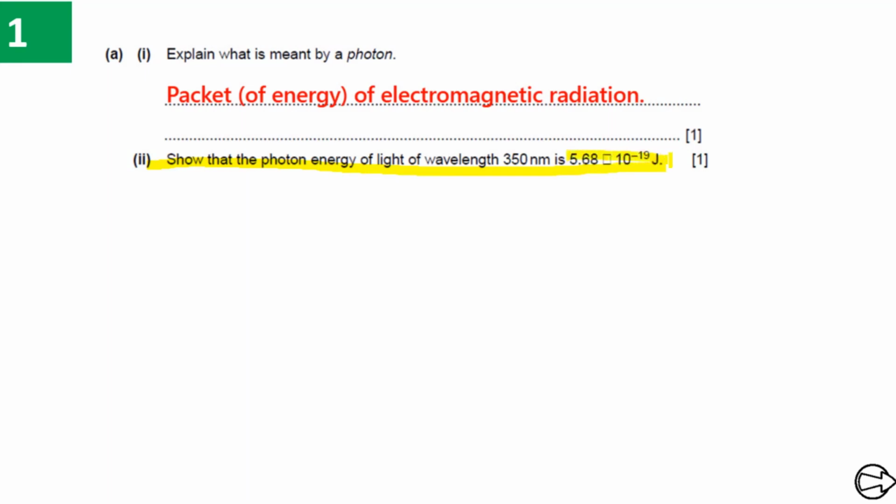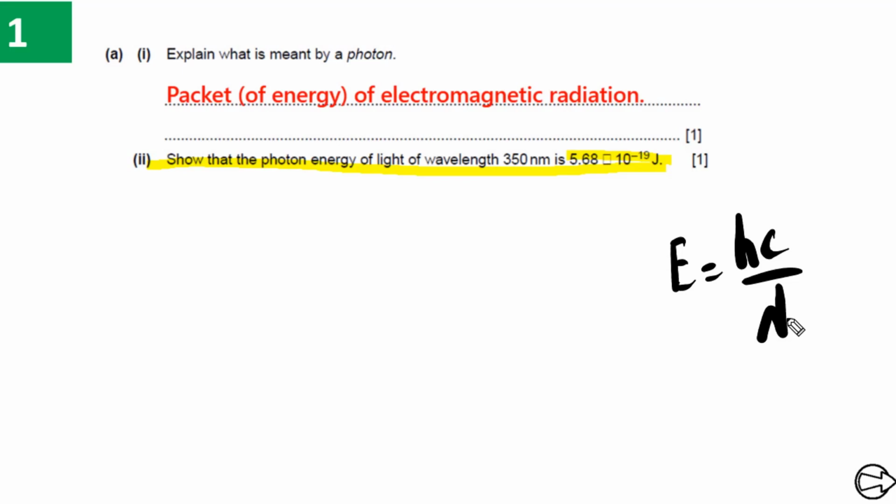It's quite a straightforward question if we understand the relationship between wavelength and energy of a photon. The basic formula we need for this calculation is E equals hc over lambda. In this case, h is Planck's constant, and c is the speed of light, which is also a constant.